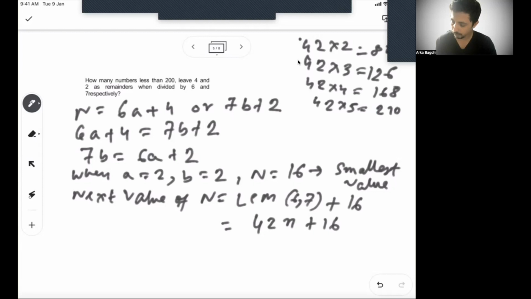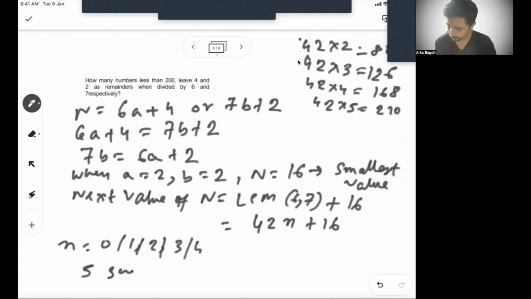So n equal to 0, 1, 2, 3, 4. These are the 5 values which are less than 200, and they satisfy the condition. So the answer is 5 such numbers.